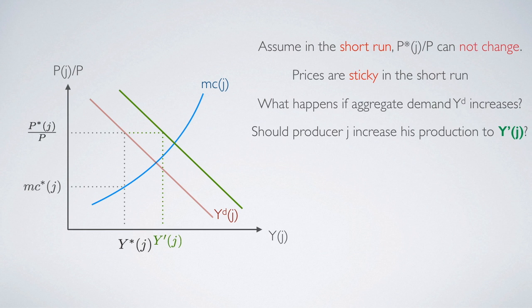So we start by increasing production unit by unit, that is, marginally increasing his production. If the firm increases production by 1 unit, he will earn the revenue equal to this green bar. And the cost of this extra unit of production would be this blue bar.